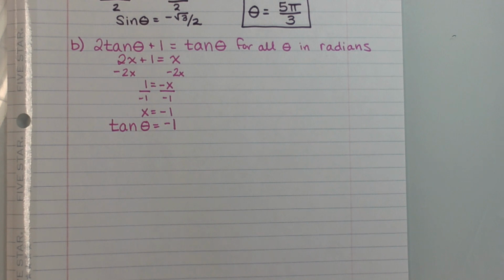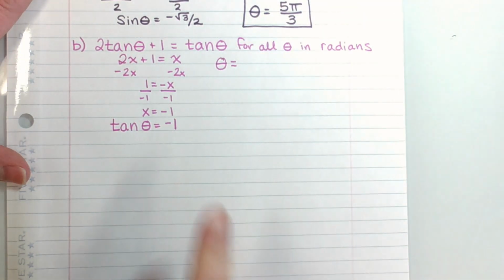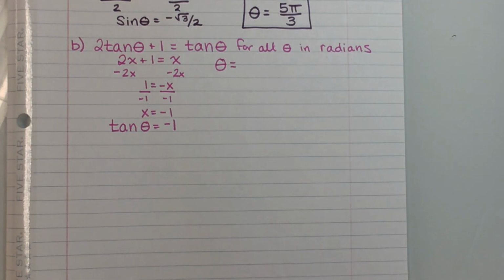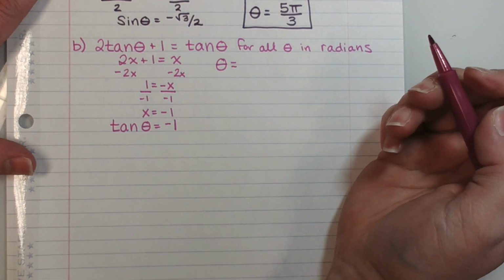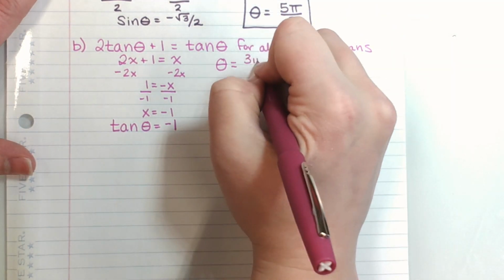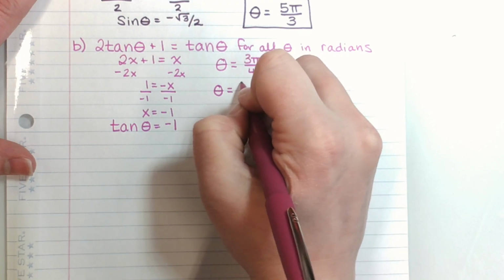When it asks for all theta in either radians or degrees, just start with the ones on your unit circle. On our unit circle, tangent is negative 1 at what angles? In radians, 3 pi over 4 and 7 pi over 4.